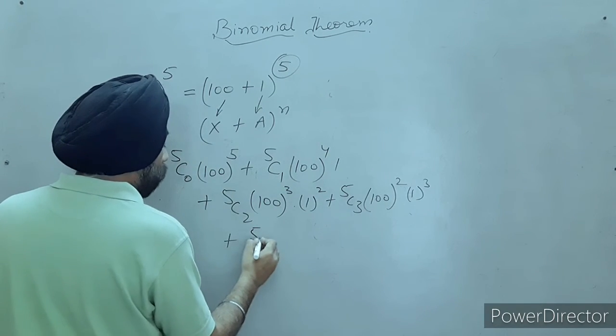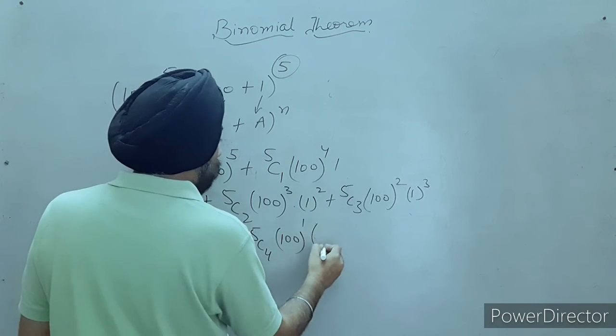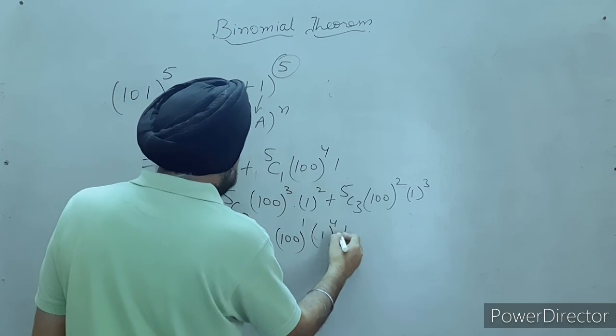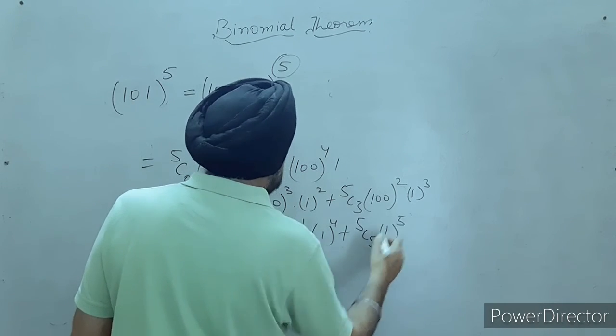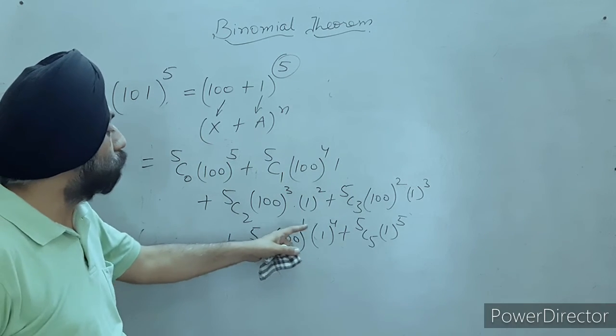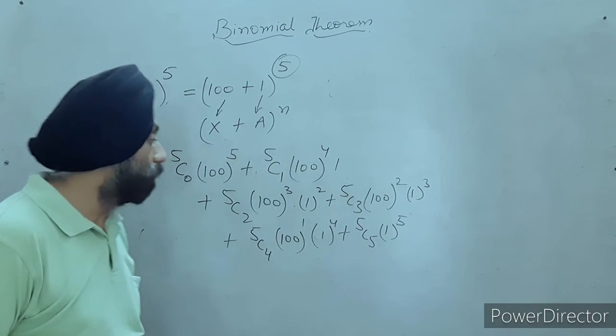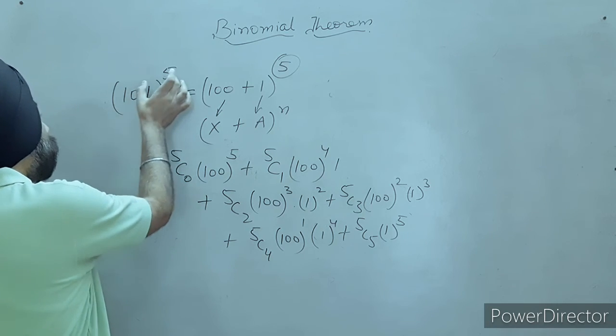Then plus 5C4 100 into 1 raised to power 4. Last term will be 5C5 1 raised to power 5. There won't be any 100 because it will be 100 raised to power 5 minus 5, that is 0. So we get the required result. We have expanded 101 raised to power 5.